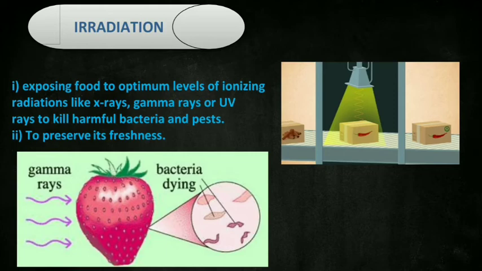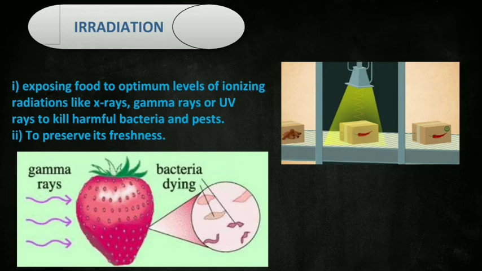So what are the uses of the food irradiation method? It increases the shelf life of the product. It also reduces the spoilage and the risk of certain microorganisms. It also reduces the risk of food pests, which may be present inside the food items.